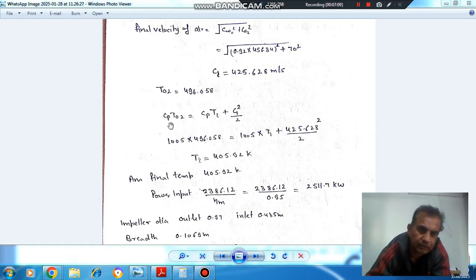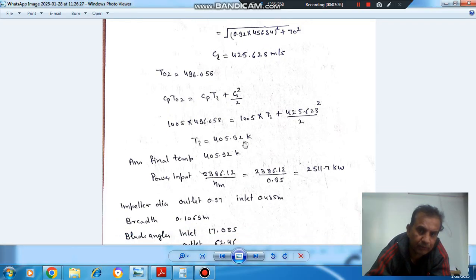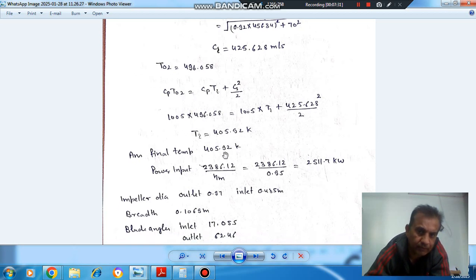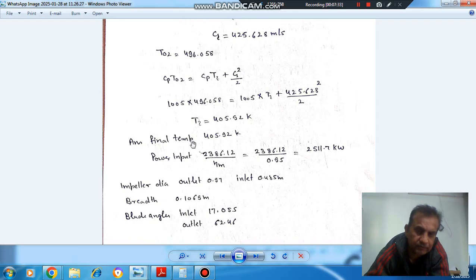From the energy equation, Cp T02 is the total energy, the summation of thermal energy plus kinetic energy. T02 is known, so the unknown is T2. T2 comes out as 405.292 Kelvin. So this is the final temperature of air.